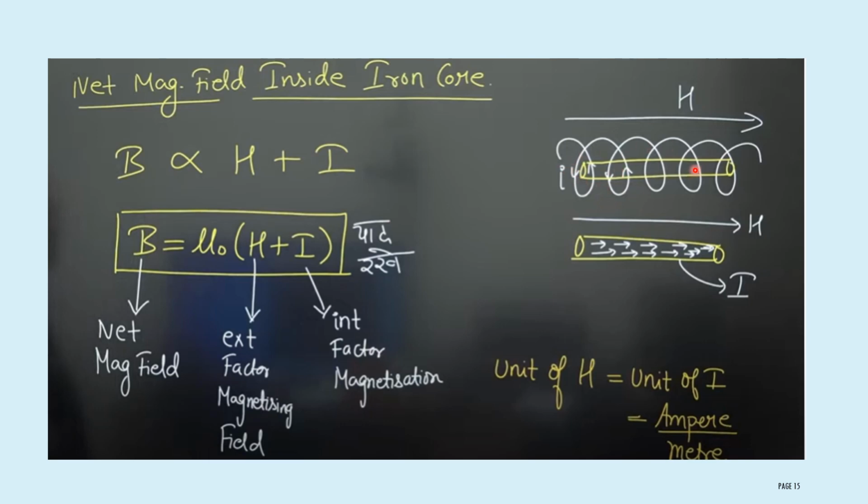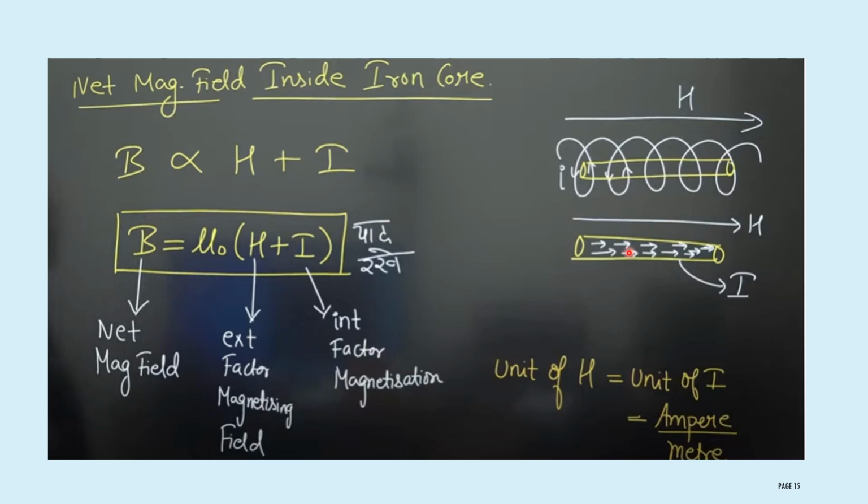If you apply a current, the current will move inside the solenoid. Because of the flow of current, it will produce the external magnetizing field H. This H is the external magnetic field due to the flow of current inside the solenoid. Then this I is nothing but magnetization.